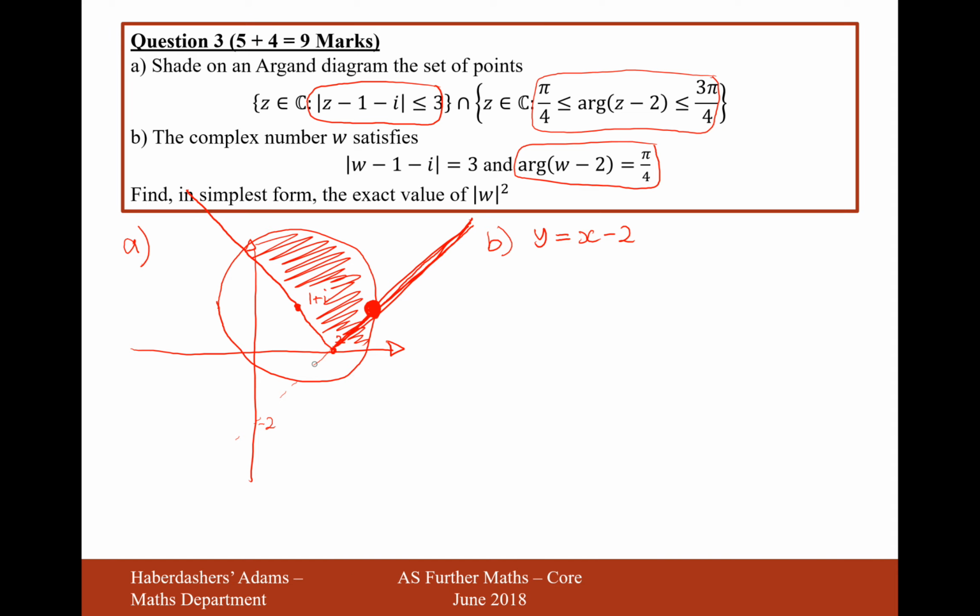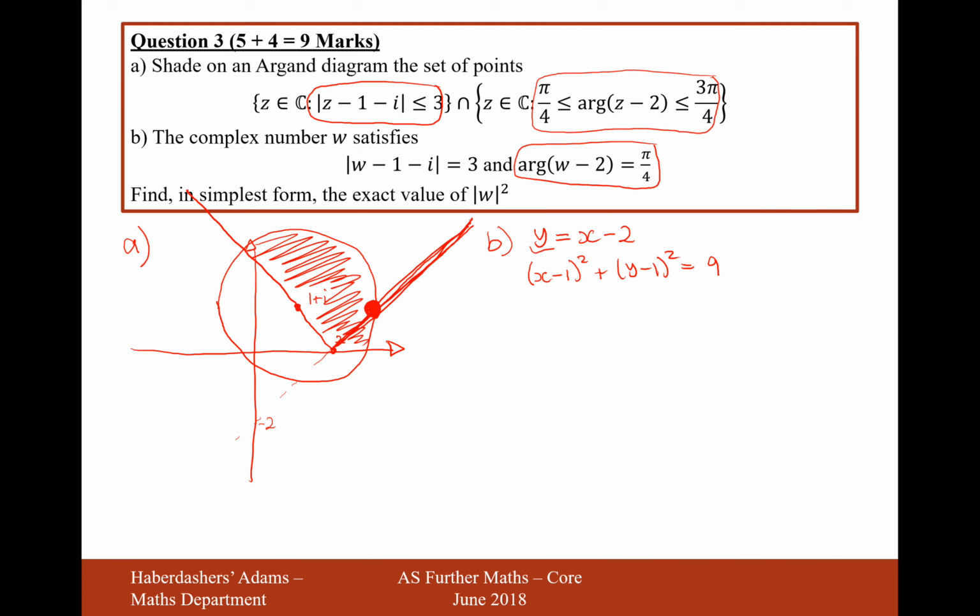And the circle is going to have an equation of x minus 1 squared plus y minus 1 squared equals, now the radius is 3, so 9 on the other side. So I've turned the equations of these loci of points into Cartesian equations. Now I need to solve these as simultaneous equations.